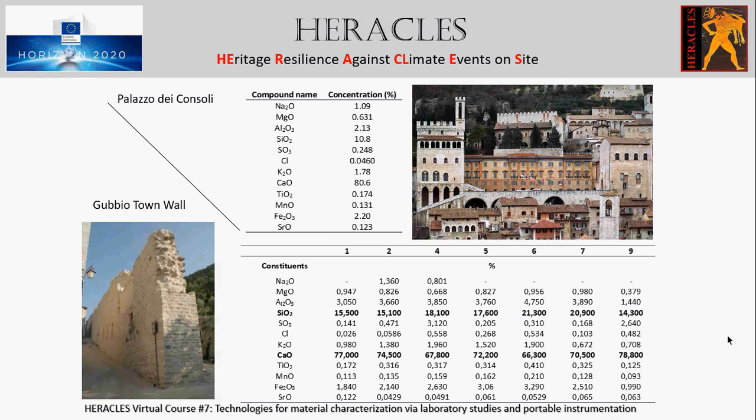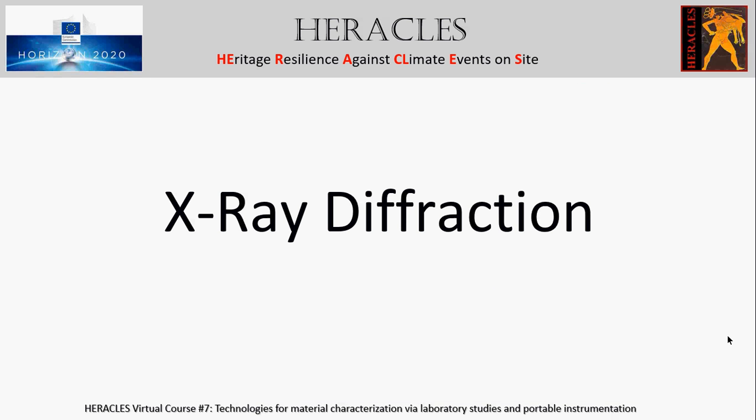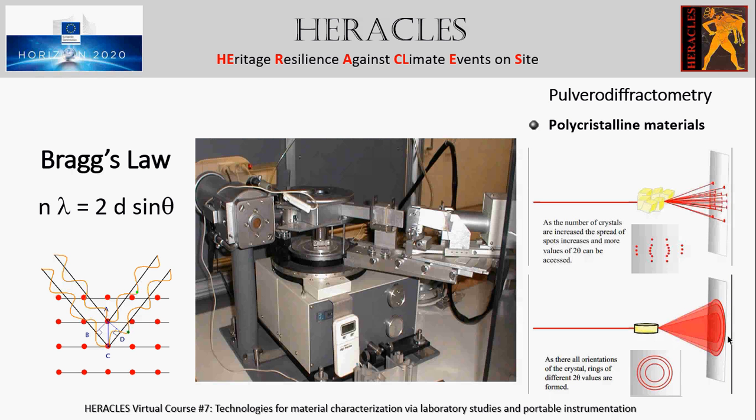And the other technique that we are going to refer in this virtual course is X-ray diffraction. X-ray diffraction uses again the primary radiation of an X-ray tube. And by studying the diffraction of the X-rays from the incoming X-ray tube, we can analyze the crystalline structure of the materials.